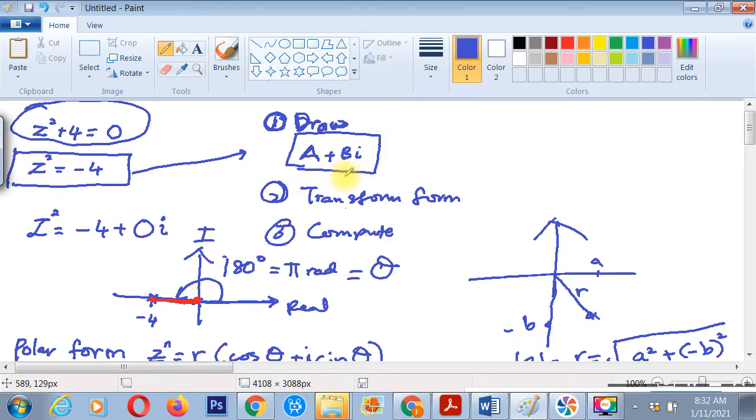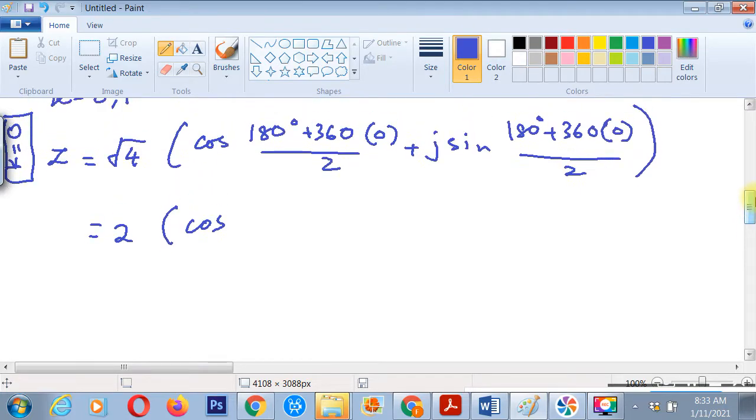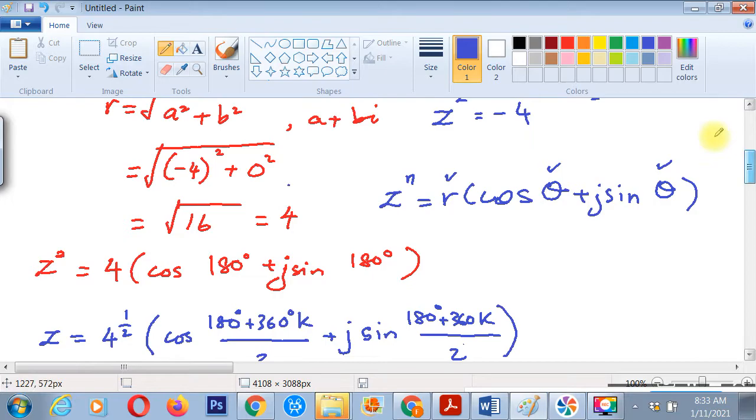If they give it in polar form or exponential form, you need to transform into a plus bi if we want to draw. That depends on the question, so later we can go through the question. Alright, and then after we identify the z, r and the theta, we put them in this equation.